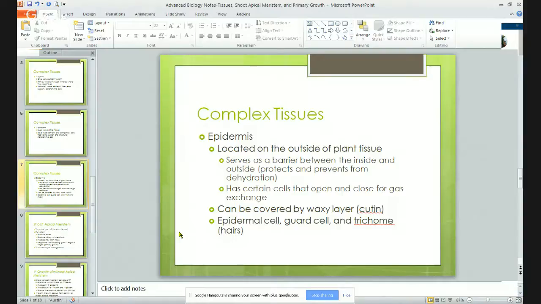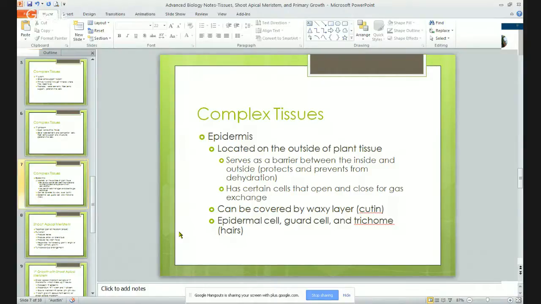And then the empty space in between is going to be known as the stoma. So things are going to basically pass through those ends of the guard cells and then kind of hang out in the stoma until one end closes and the other end opens, and it can either enter or leave.